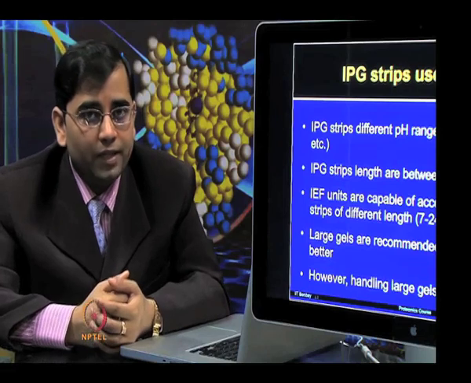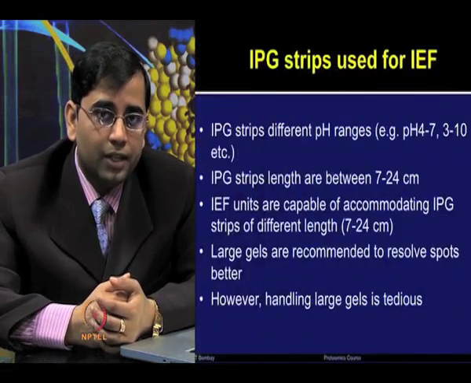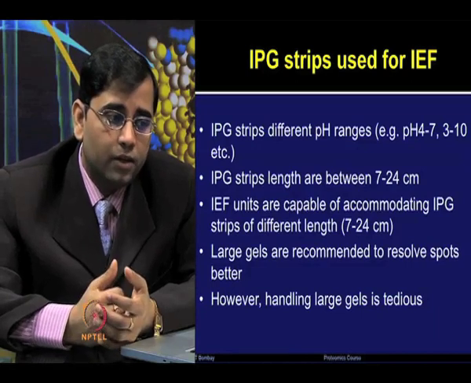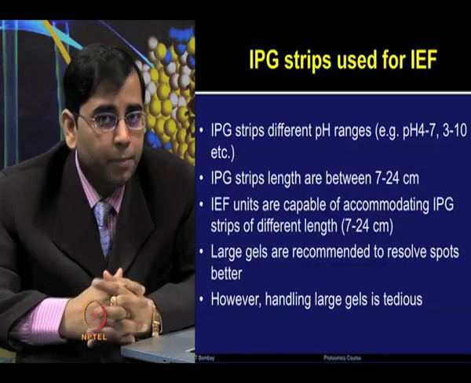Now, different types of strips can be used during the IEF process, whether it's a pH gradient of 4 to 7 or 3 to 10 or some other pH range.